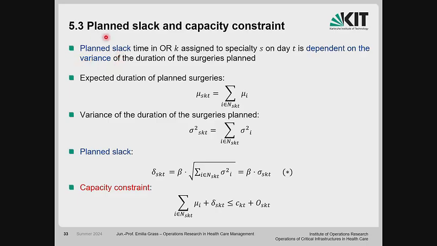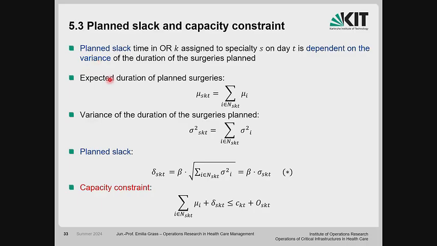What we are interested in is the variance, and it's often like that if the duration is pretty long, so it's a rather complicated surgery, then the variance will also be higher than for short surgeries that may be some kind of common ones.